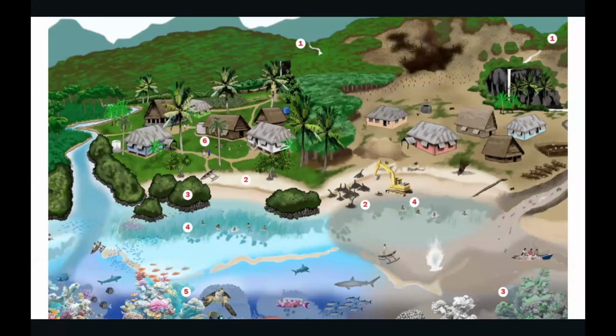They've got healthy forests, clean water that's going out into healthy reefs, and mangroves that are protecting their shorelines. So that healthy community is going to be more resilient to the impacts of climate change.